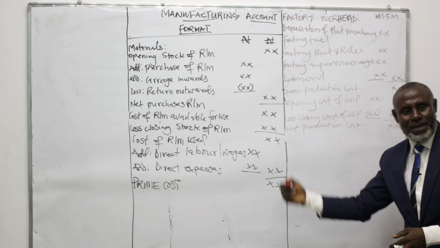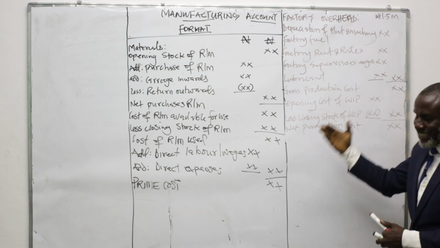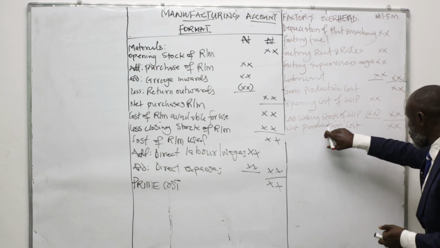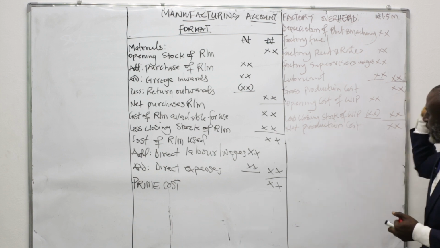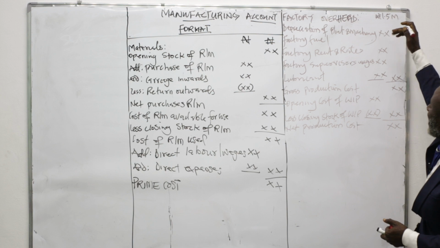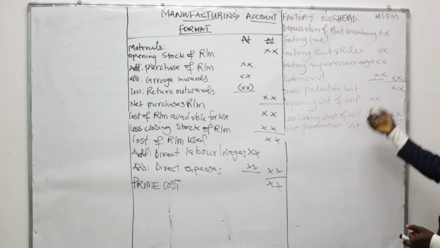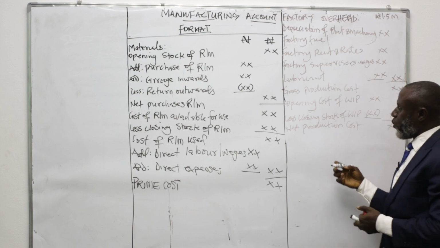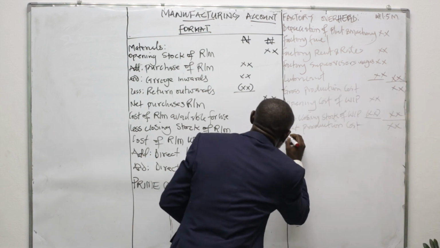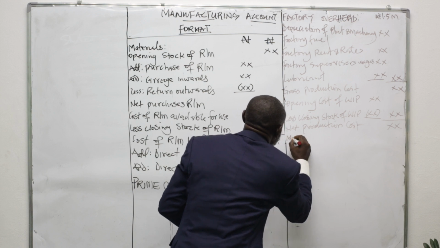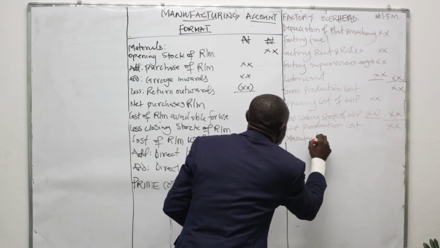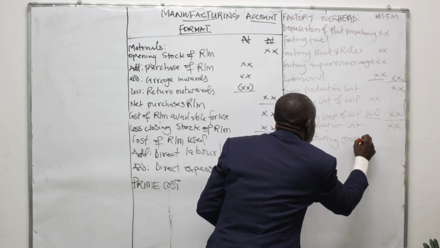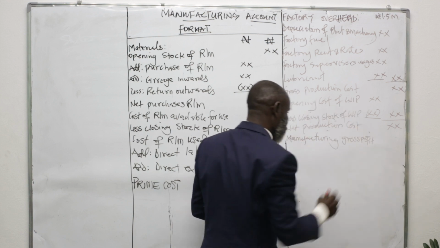That will be further expatiated upon when we get to the next section, when we take a comprehensive illustration. So this is net production cost. At this point in time, if the examiner had said, take 10% of the cost of production as profit margin, you're going to have what we call manufacturing gross profit.